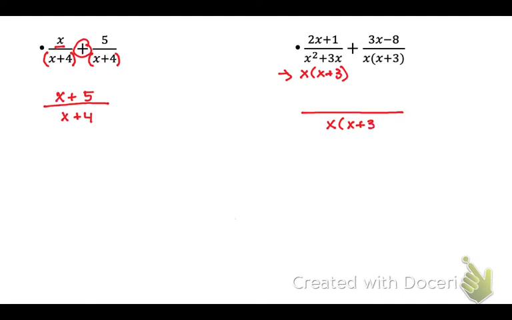I want you guys to leave it factored because that shows me that you looked. Does that make sense? So now I just have 2x plus 1 plus 3x minus 8. Combining like terms, 5x minus 7 over x times (x plus 3).